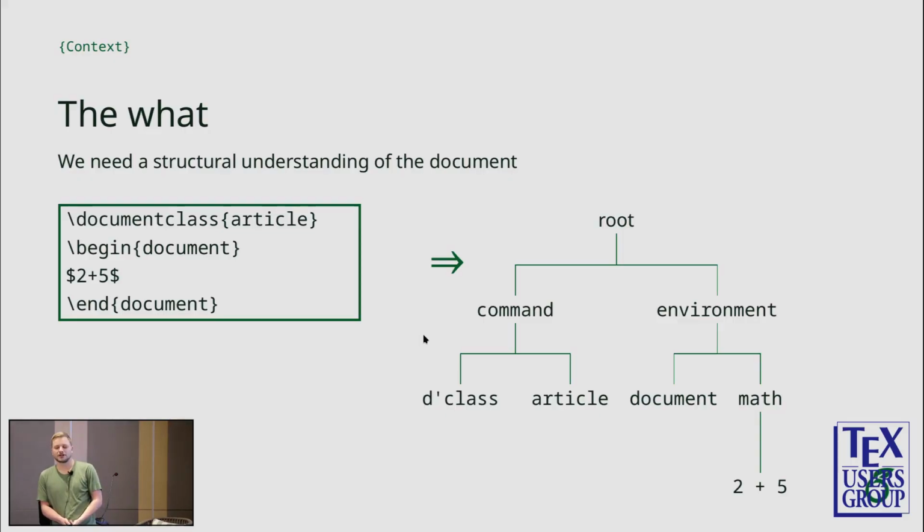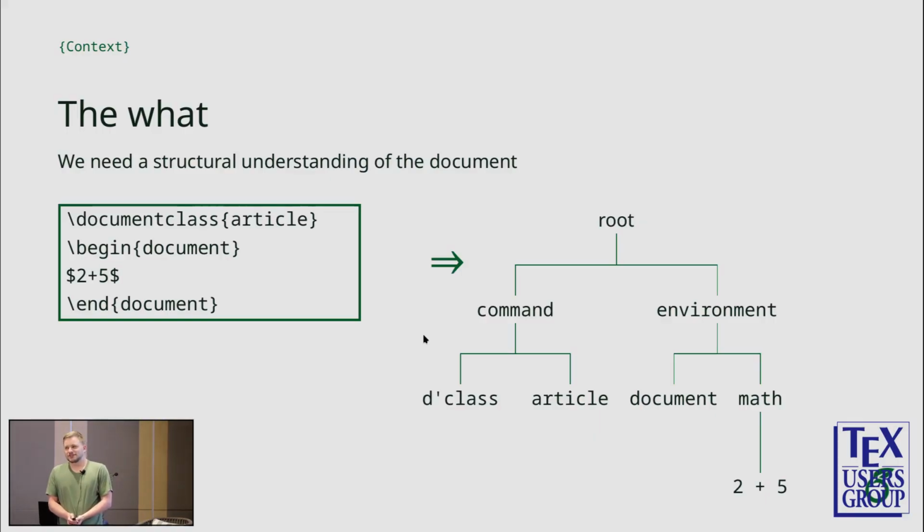What we're essentially looking for is some type of tree representation of that document. So first things first is the command that's comprised of the actual document class control sequence as well as the argument of article, and then an environment with a type document and the content inside, which is the math, which itself is comprised of the 2+5 text.